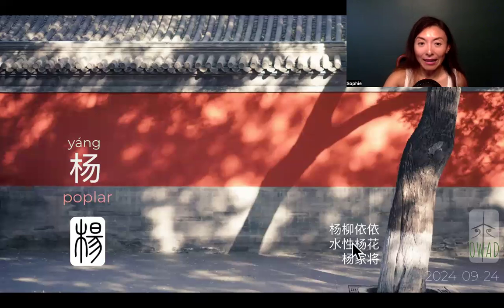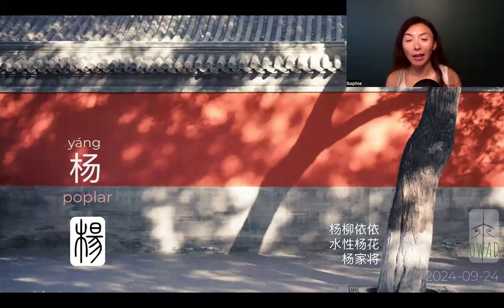Yang hua, and yang, this poplar tree, probably the poplar tree has a type of flower that's, I don't know, it's flowy. Again, it doesn't stay either. It's a kind of a traveling kind of flower.